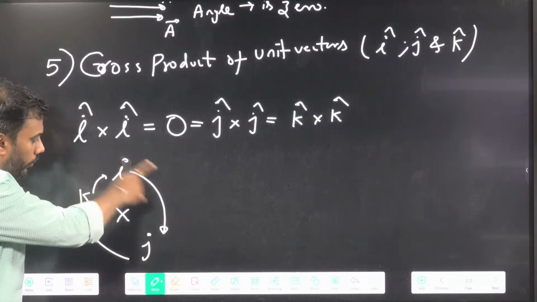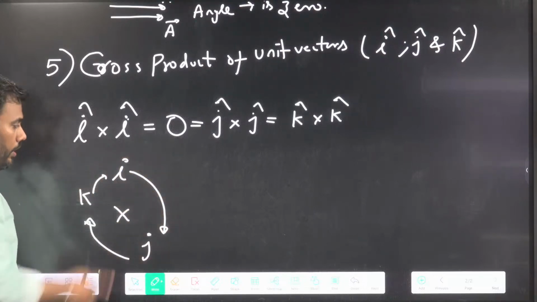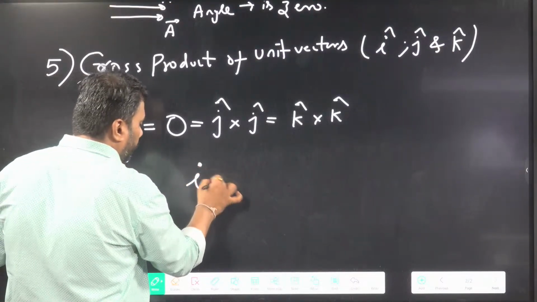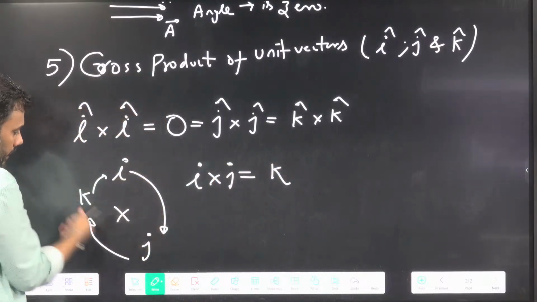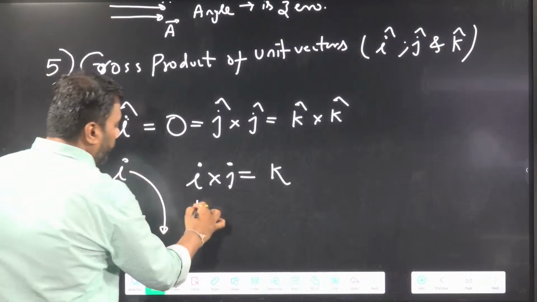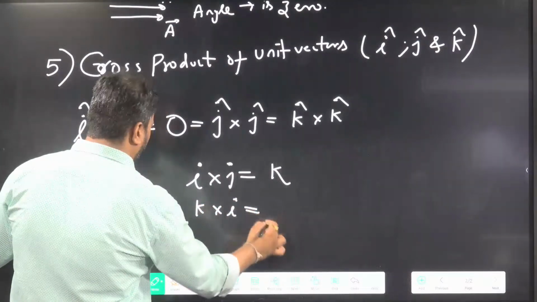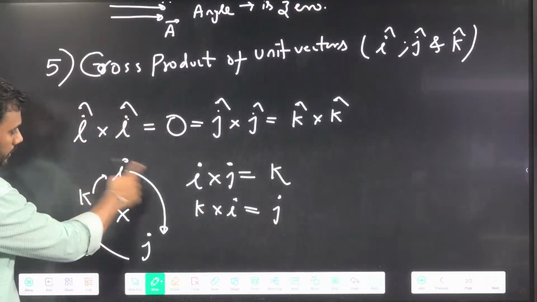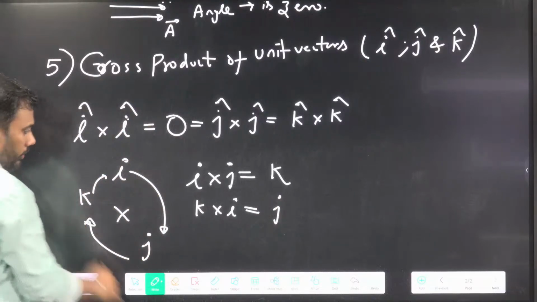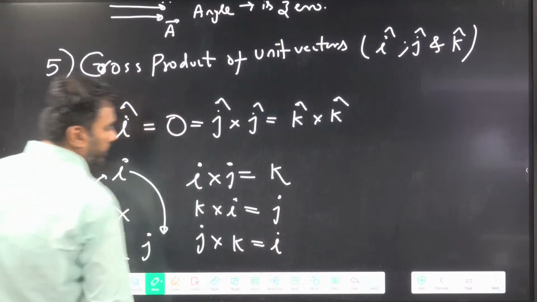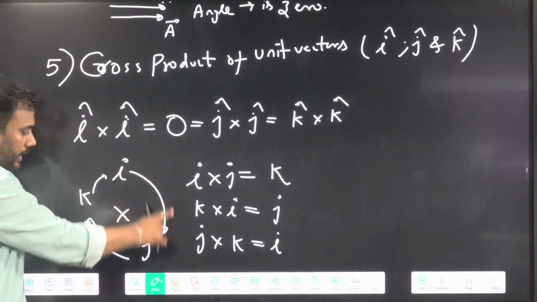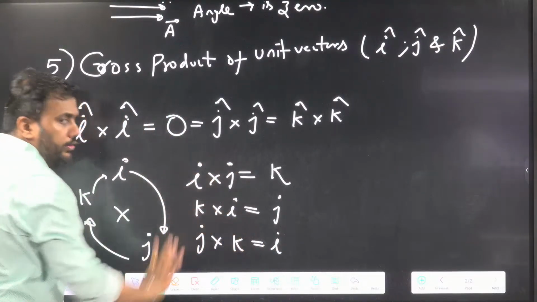If you go clockwise from i, j, k, i cross j gives you k. k cross i gives you j. j cross k gives you i. If you go in the cyclic direction, you will get a positive result.